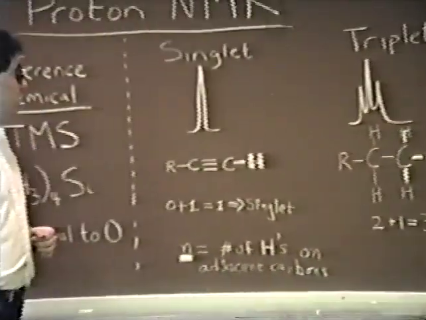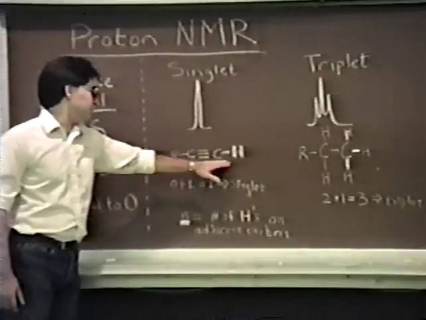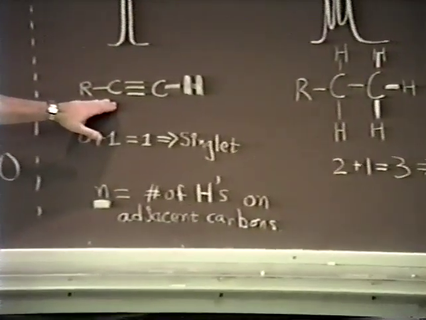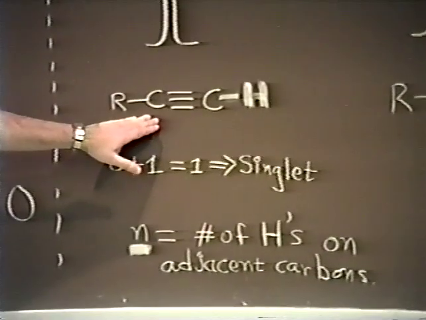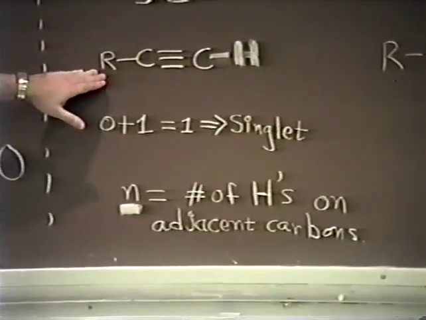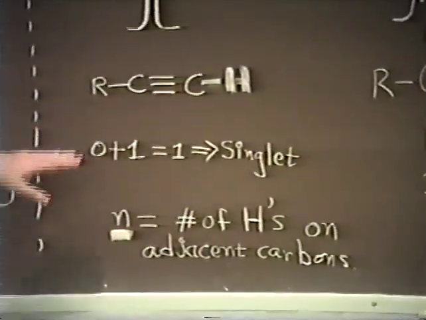And for things, they're due to the carbon bonded onto one hydrogen with no other hydrogens on an adjacent carbon, such as this one here. You've got one hydrogen here, and this R group is a carbon or some other functional group other than hydrogen.